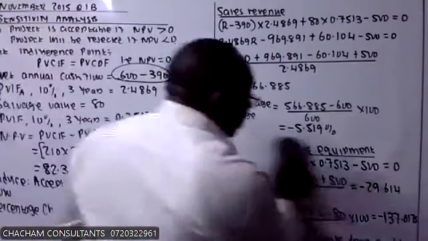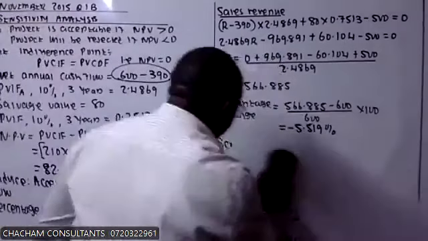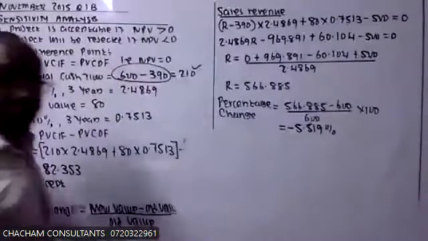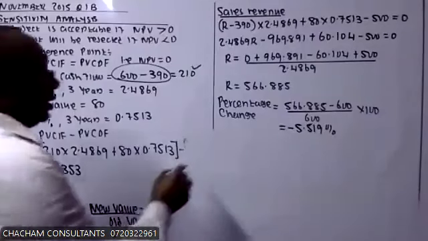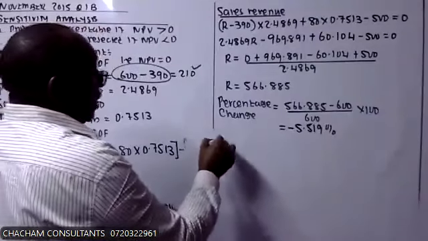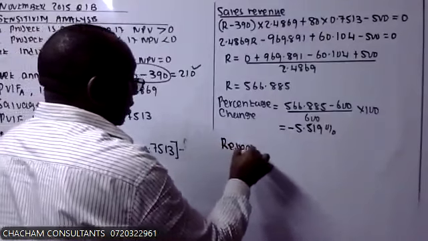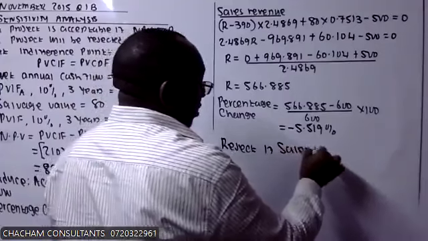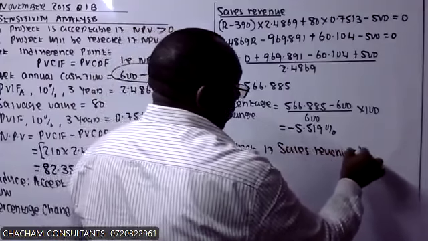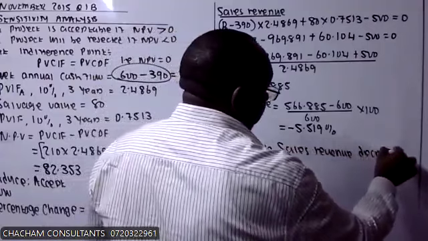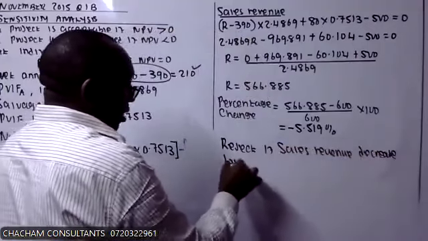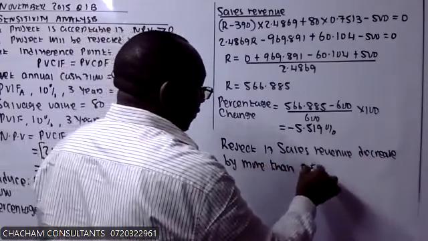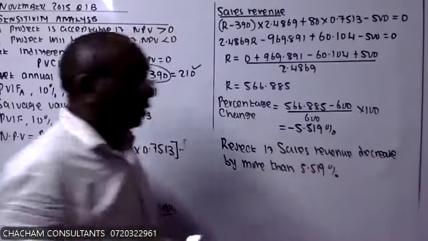So with that in mind, you reject if sales revenue decreases by more than 5.51%.